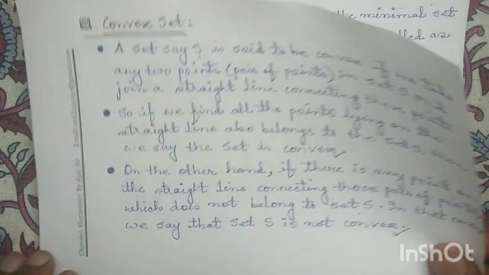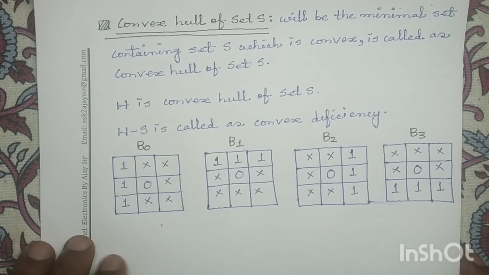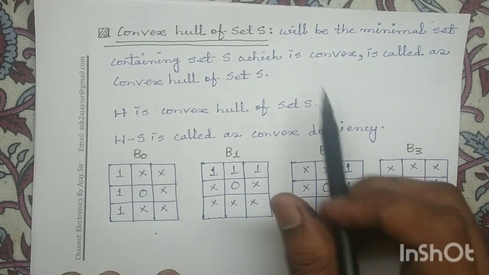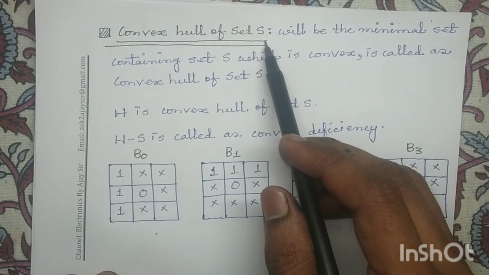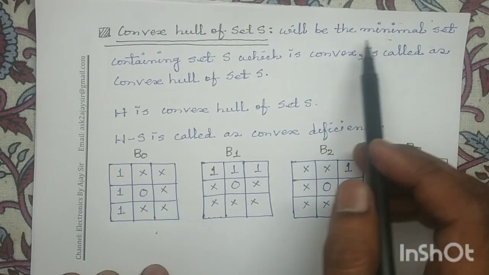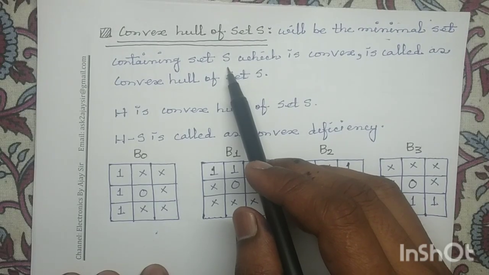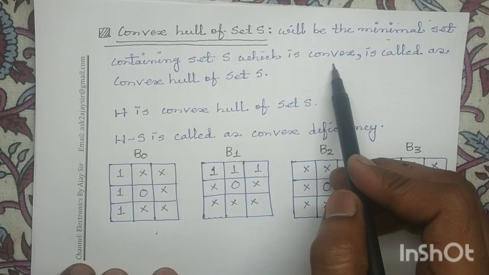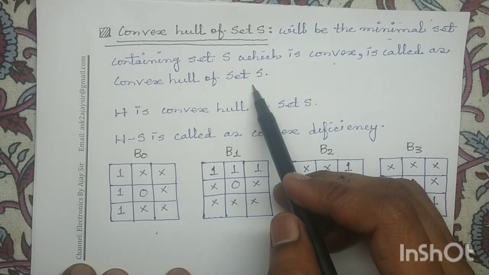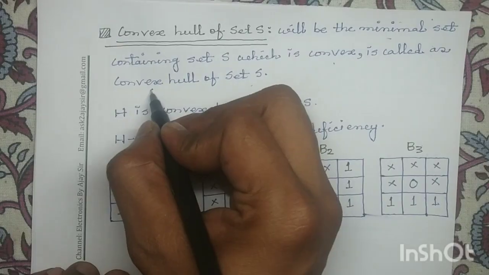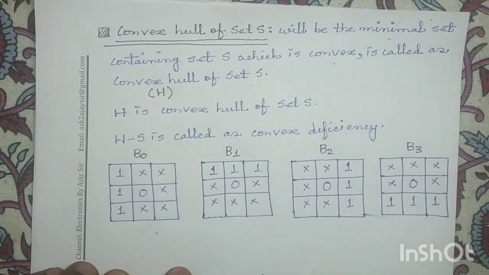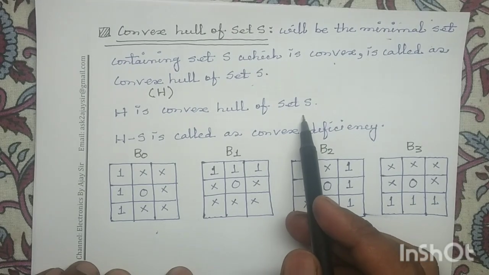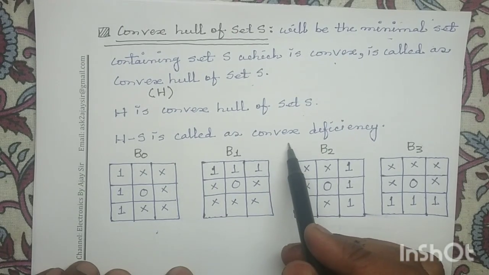Now let us discuss the definition of convex hull of a particular set S. The convex hull of a particular object set S is defined as the minimal set which contains the object set S and which is convex in nature, and it is called the convex hull of the set S. Usually the convex hull is represented by H. So H is the convex hull of the object set S, and H minus S is called the convex deficiency.